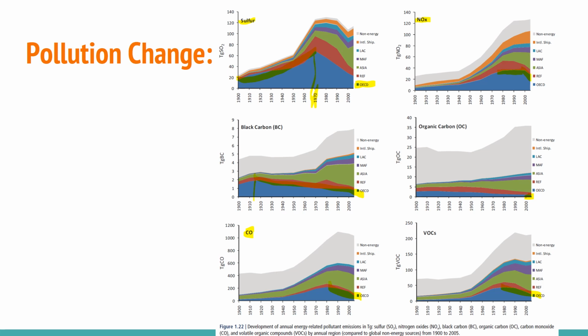So there are some areas in the world that produce more at the moment, and that is especially Asia, India and China are the top players here. And you see the international shipping. Ships are really producing as much sulfur as, say, half of that of the OECD countries, only for ships on the ocean.